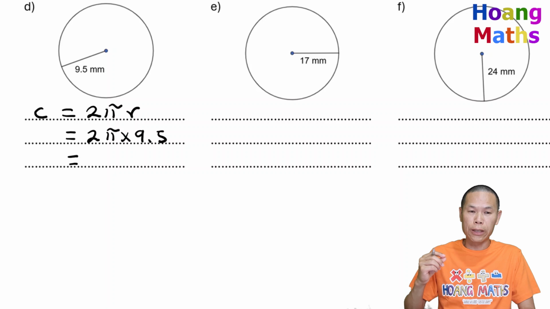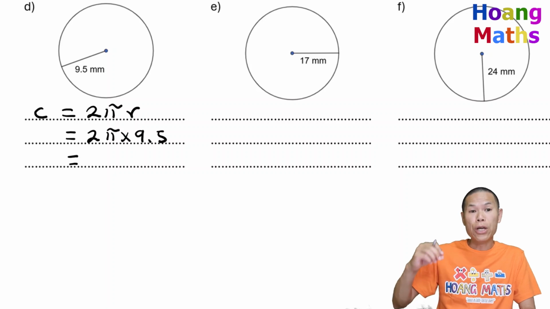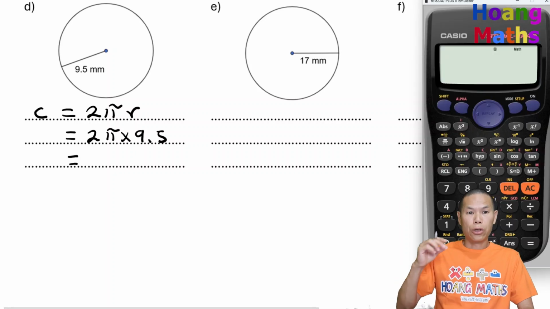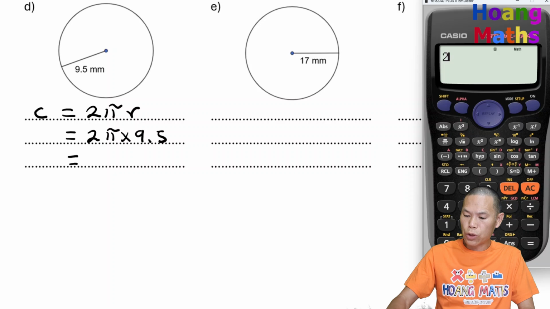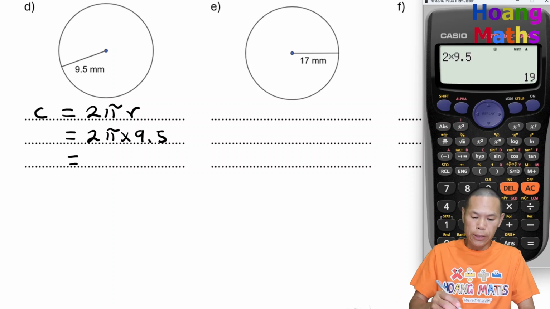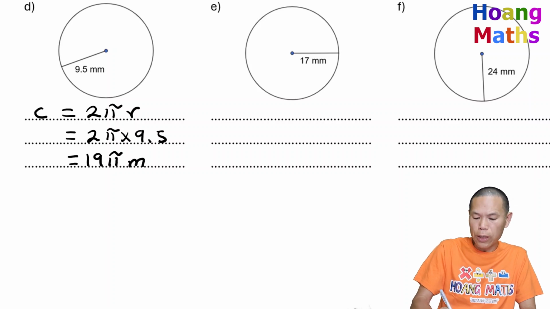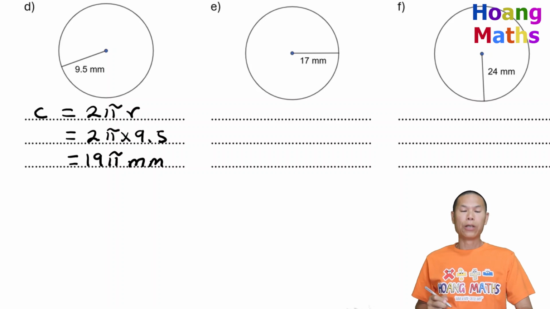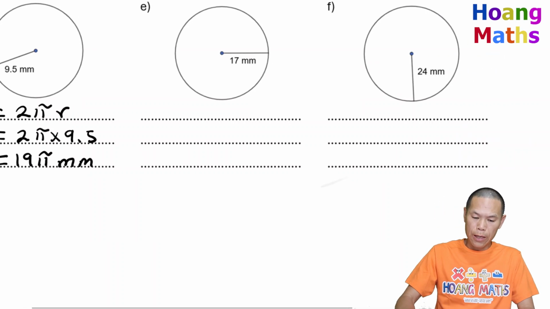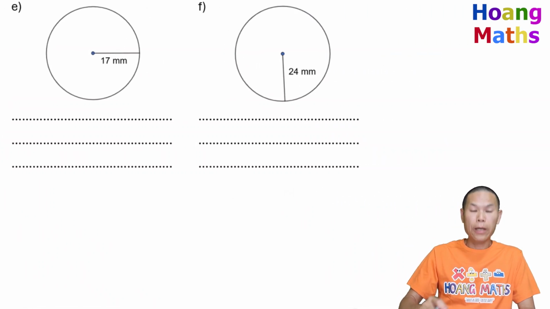So it's 19. Okay, keep that in mind. Otherwise, just put it on a calculator. So you just go 2 times 9.5. So there you go, 19. So 19 pi. And the unit is millimeters. So there you go.